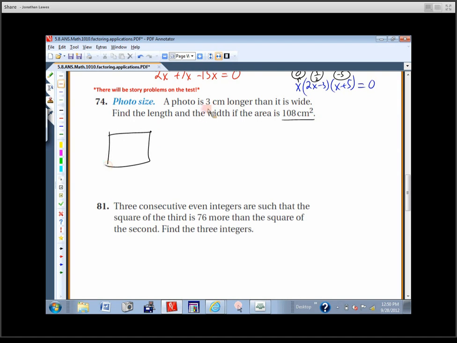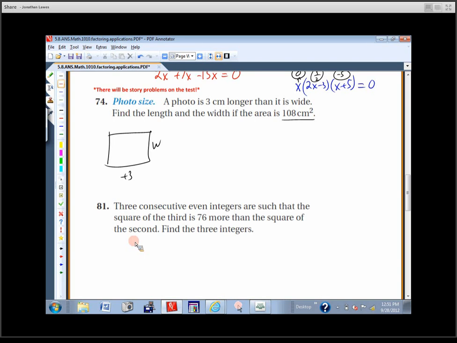It says the photo is 3 centimeters longer than it is wide. Okay, well, so Tyler suggests we do x and x plus 3. Okay, I'm okay with that, but I'd rather you do this. Let's call that the width. We don't know what the width is, but we do know that the length is bigger than the width.